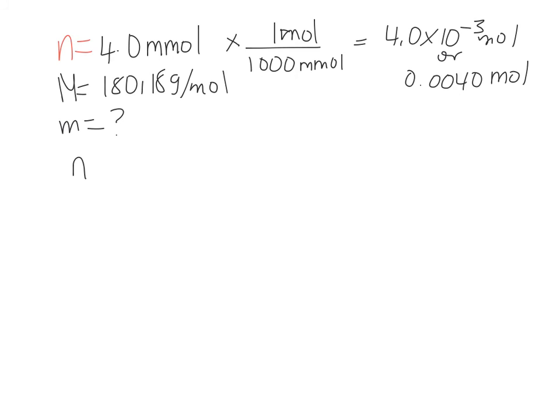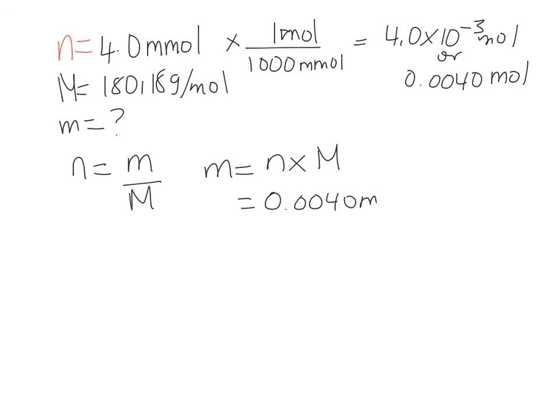So n is equal to mass divided by molar mass. So mass is moles times molar mass. Just rearrange the equation. So 0.0040 times 180.18 grams for every 1 mole.